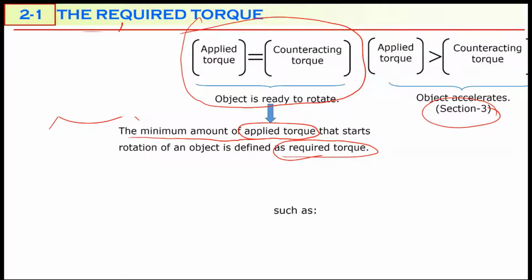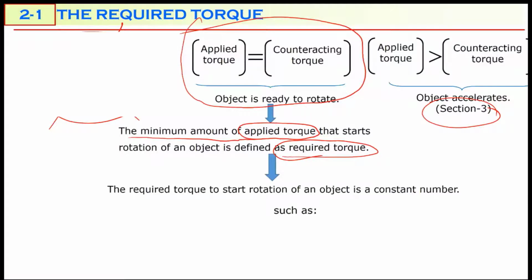I just want you to be clear about what required torque is. Most probably, don't worry, they will not ask you this definition because it's not defined in this way in the book. Just questions and problems are given. But the definition can make it much easier to understand the problems.